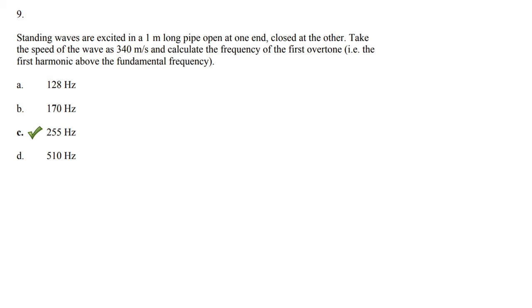So first of all, the question says that standing waves are excited in a 1 meter long pipe which is open at one end and closed at the other. Now, I hope you remember that vibration of air columns in pipe are of two types. That is, that pipe can be of two types. One is open pipe and another is closed pipe.